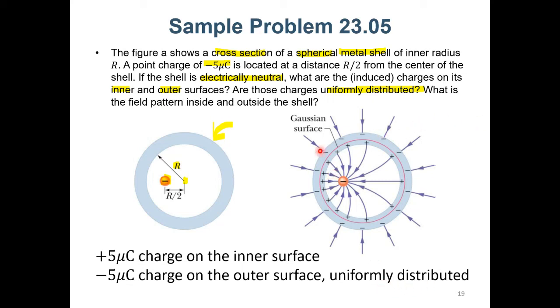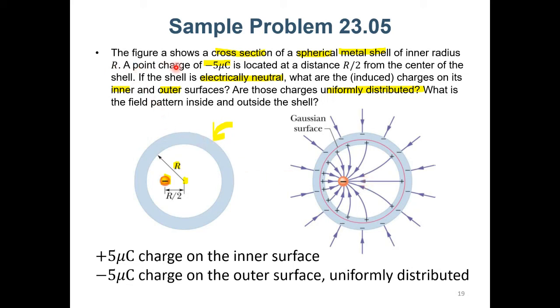The negative charge should be uniformly distributed. So for the outside, you will consider there is only a negative 5 μC actually located at the center.